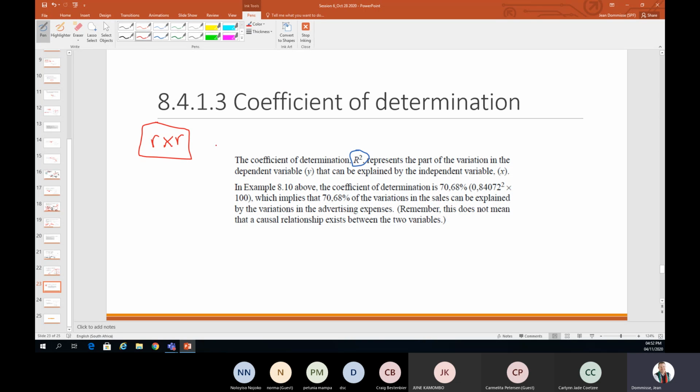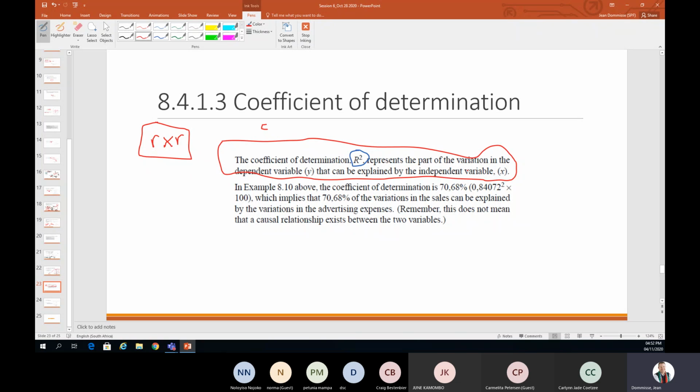I've seen this a few times, and they ask you which one is correct, and then they swap the dependent and independent around so that they give you nearly 5 options, one with the coefficient of determination squared represents the variation in the independent variable that can be explained by the dependent variable.